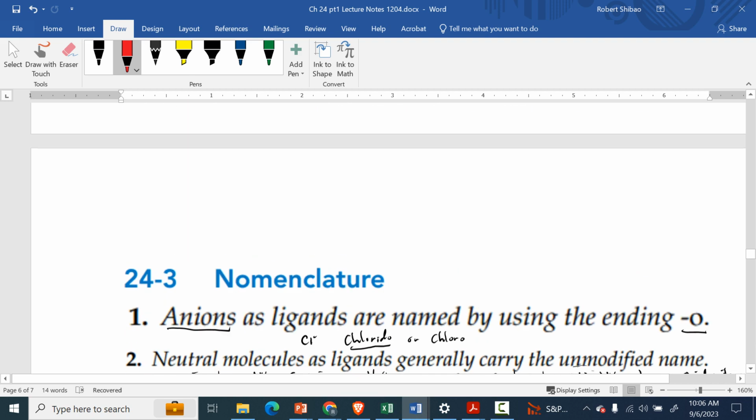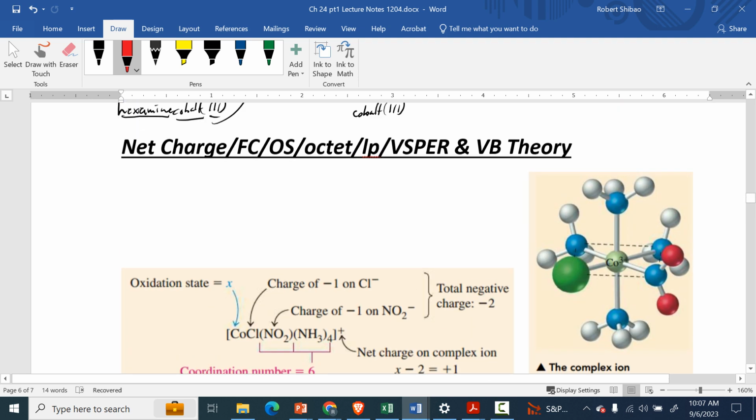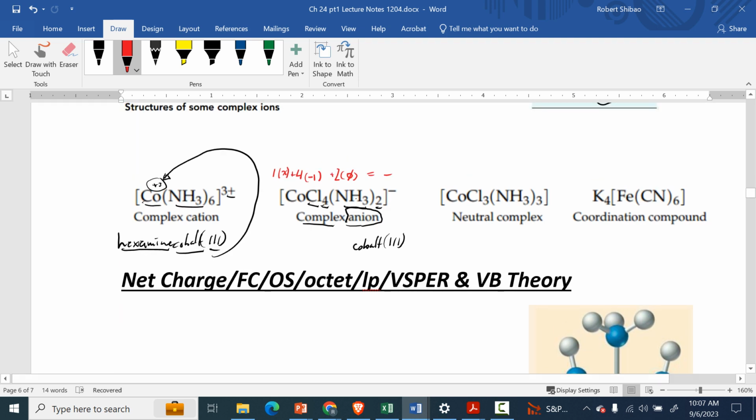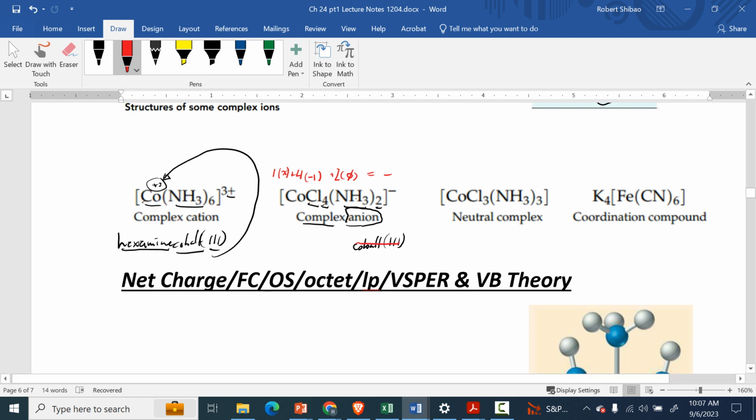You can kind of tell from the symbol. So what we're going to do for this one is just add the -ate ending. So this is incorrect. It's not cobalt(III). We're going to call it cobaltate(III), Roman numeral 3.